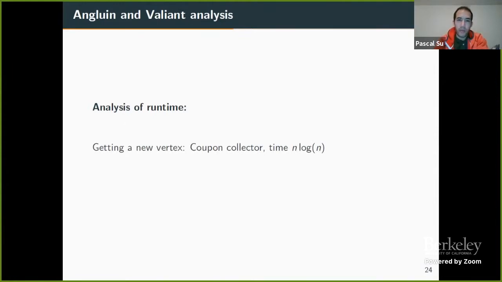So the probability of finding an unused vertex is exactly the number of unused vertices divided by the total number of vertices. So this is equivalent to the coupon collector problem. And there's a bit of a technical detail why there's an additional log factor, namely to store the path and do these Pósa rotations, we need a data structure which accumulates an additional log n factor.